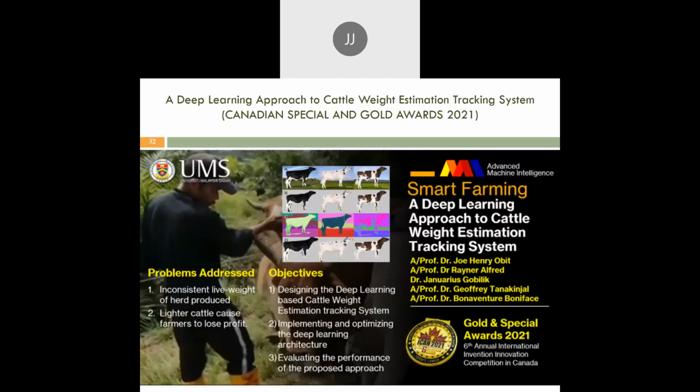Sometimes they feel stressed, and it takes a few minutes to put them on the scale machine. So we thought, what if we just turn the images into the weight? Next time we take images only, side and top, then we can estimate the weight. For this one, we got the Canadian Special and Gold Awards in 2021.